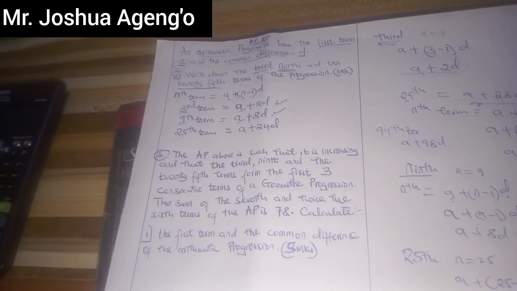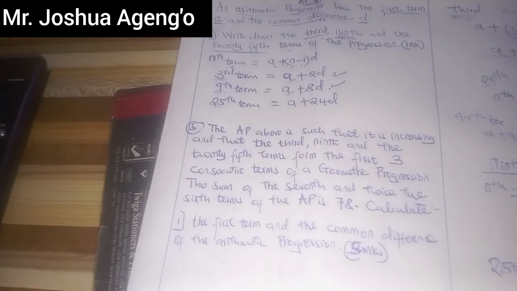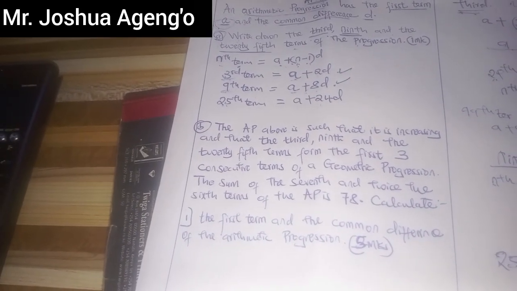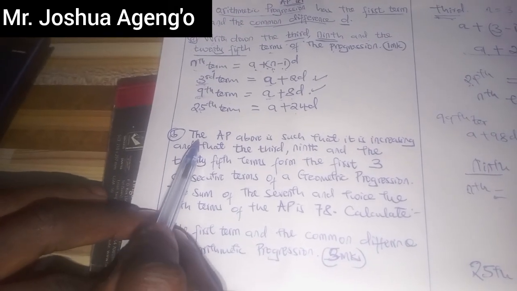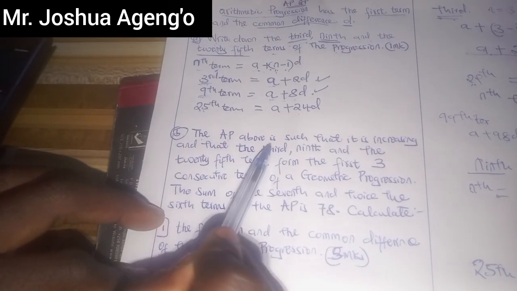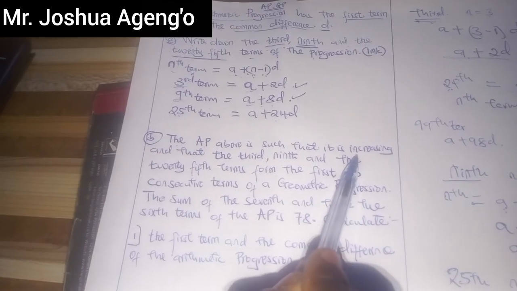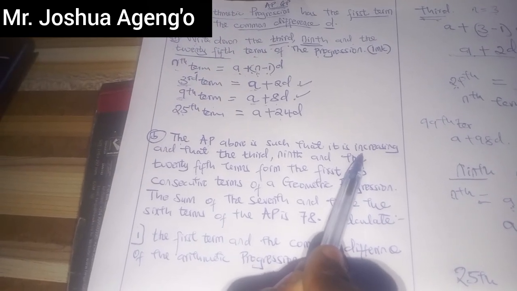Now let us move to part B of the question. Part B is now connecting AP, that is arithmetic progression, and GP, that is geometric progression. In part B of the question, it says that the AP above is such that it is increasing. If it is increasing, then it means that the common difference d is a positive number.